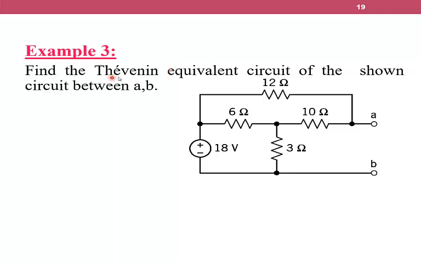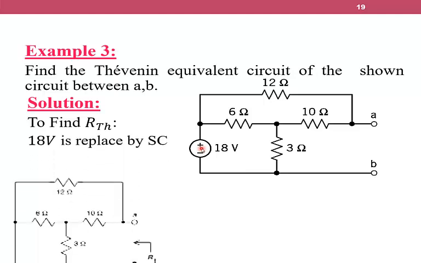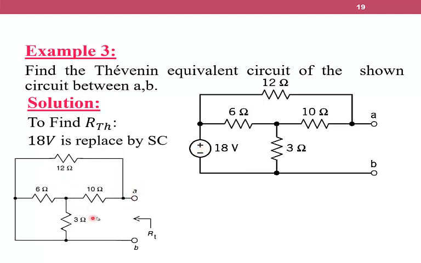For example, find the Thevenin equivalent circuit of the shown circuit between A and B. As we have agreed, we are going to remove the voltage source by making it short circuit. So the circuit will be reduced to this. After that, we are going to reduce the circuit. We have 6 ohm in parallel with 3 ohm.